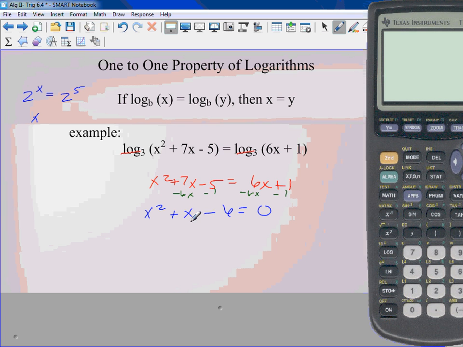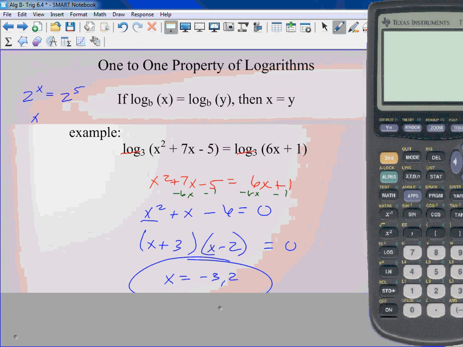Well, this one, I'm going to try to factor it. Only way to get an x squared is x and an x. This tells me the signs are different. Two numbers that multiply to get me 6, but subtract to get me 1. Which one's 2, which one's 3? 3 is plus, 2 is negative. My answers are -3 and 2.